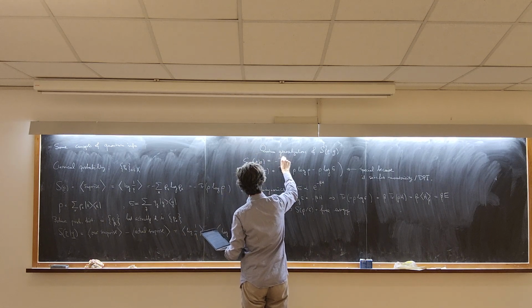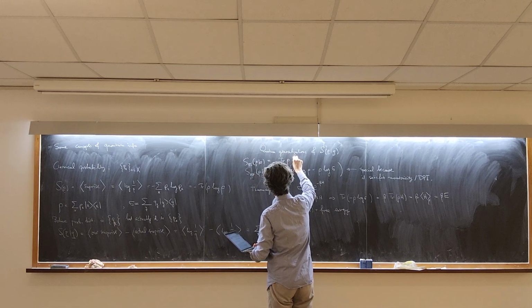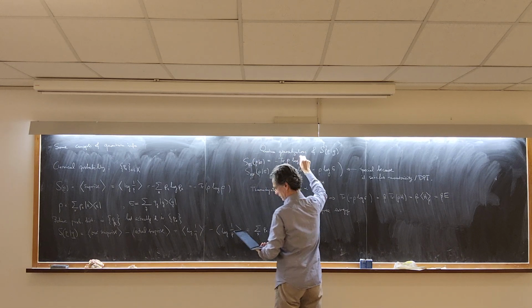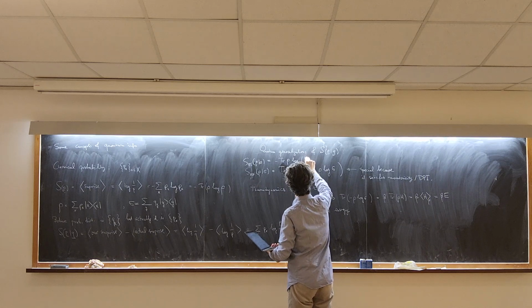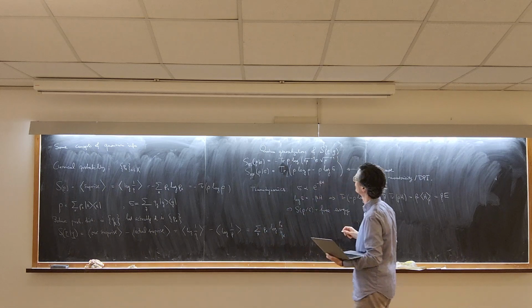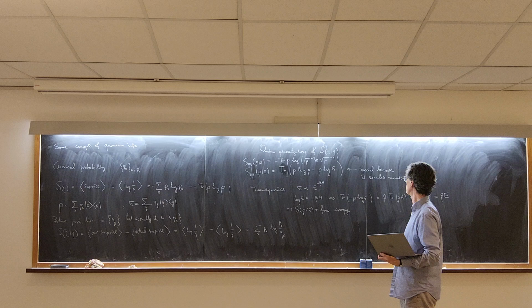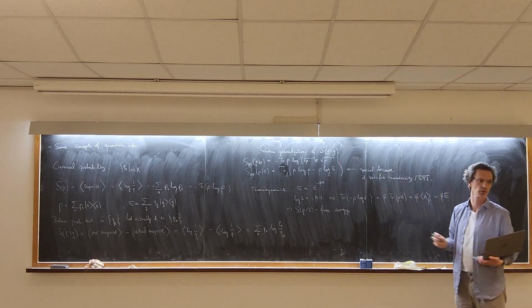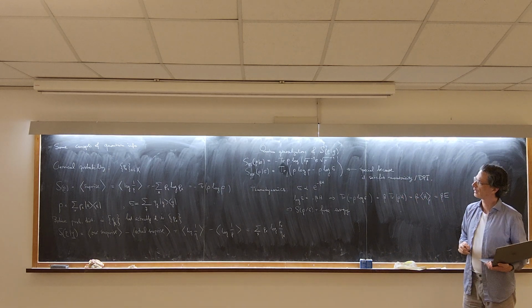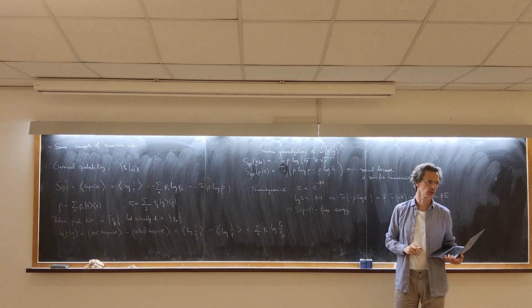So minus the trace of rho and then log of rho inverse sigma inverse. So again, it formally is the same. Interestingly, this also satisfies the monotonicity. And it's really different if sigma and rho don't commute.